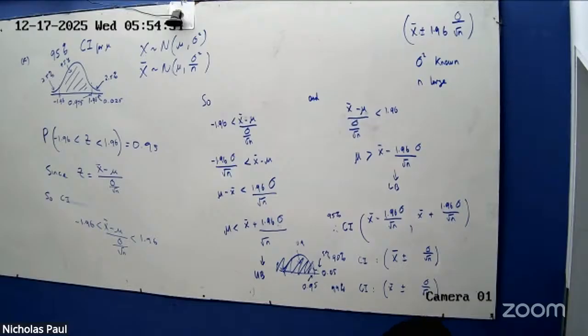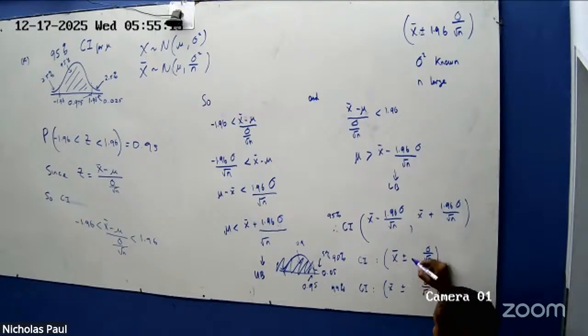Now, I'm going to put it up. What do you guys think? How much did you get? 1.6? 1.645. Anybody online got that? It's 1.645.